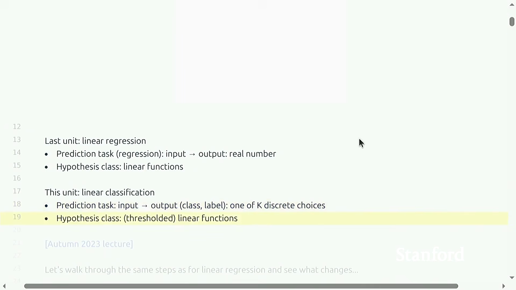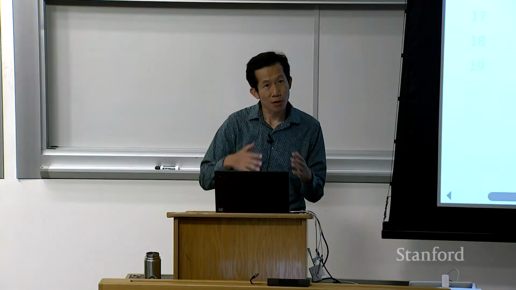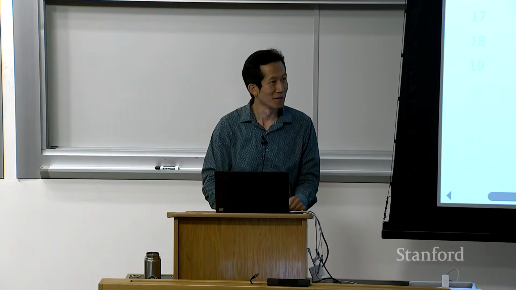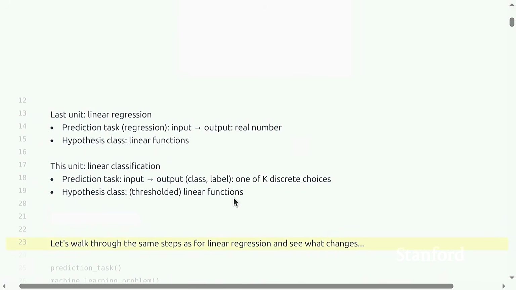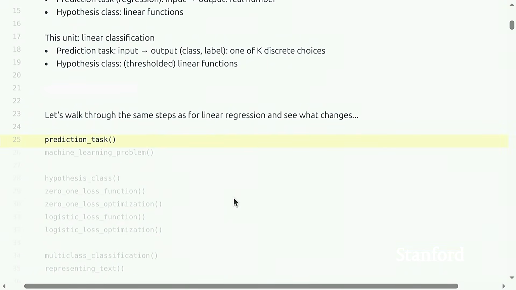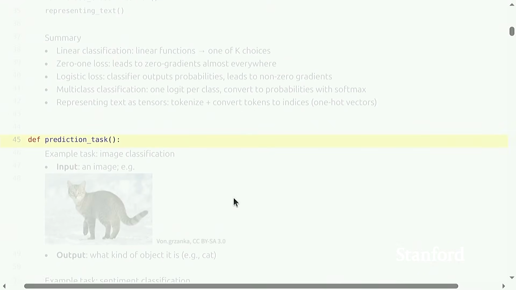And because it's linear classification, the hypothesis class is going to be linear functions, but as we'll see later, it's not quite linear. It's almost linear because you have to do something at the end. So let's go through the motions, remember what we did for linear regression, and see if that applies to linear classification. Let's start with the prediction task.